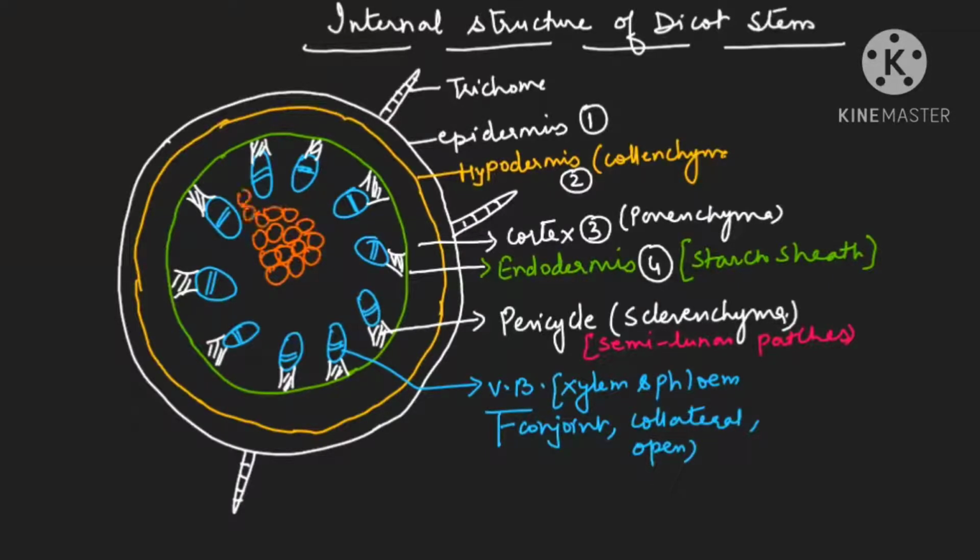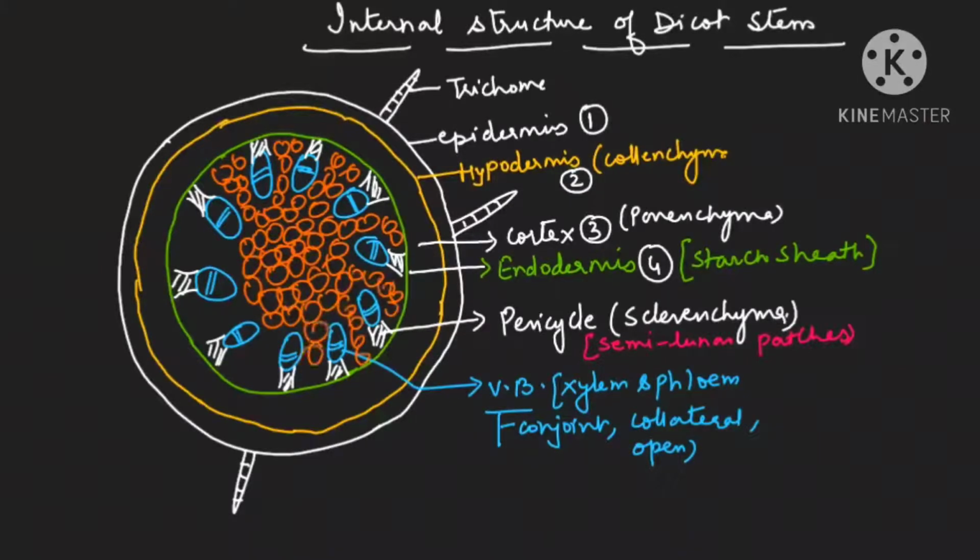And if you see, this is making rays. Check my diagram, I'm making rays, so we will say these are your medullary rays. If they are present in the center, this area right now, this is pith or medulla. And when they are extending between the vascular bundles, at that time we call them medullary rays.